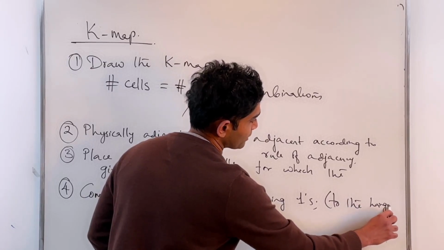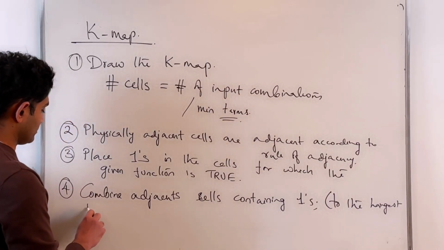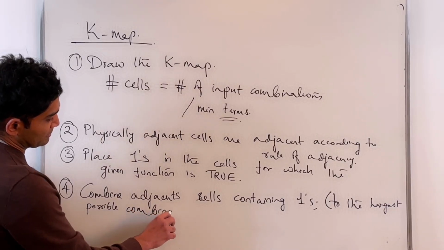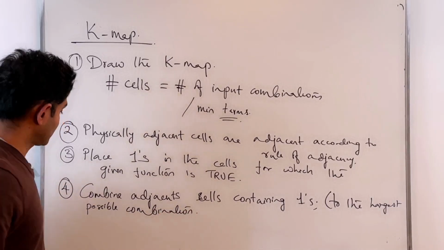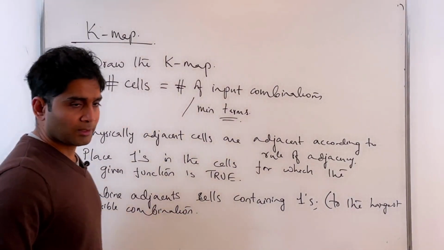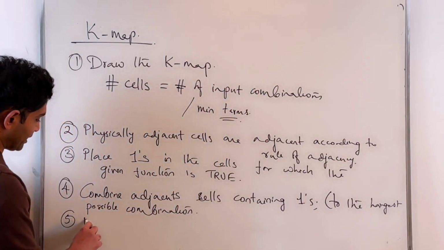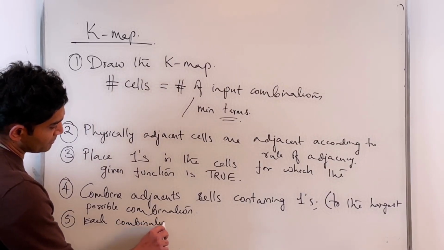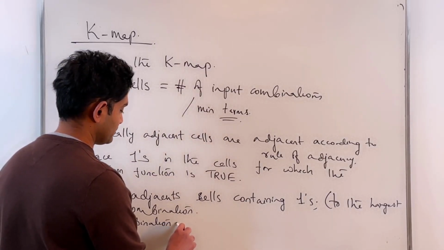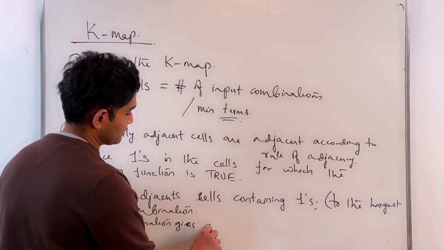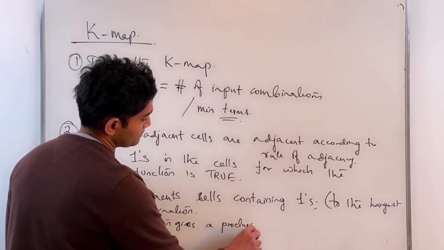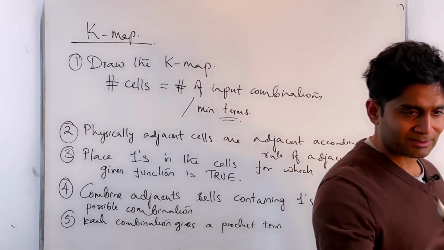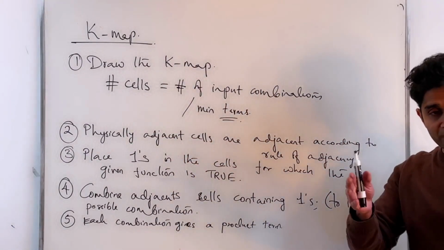And we have seen why we want to do that. And then finally, each combination gives a product term. And how do you obtain the product term? You go from one adjacent cell to the next adjacent cell, both horizontally and vertically.